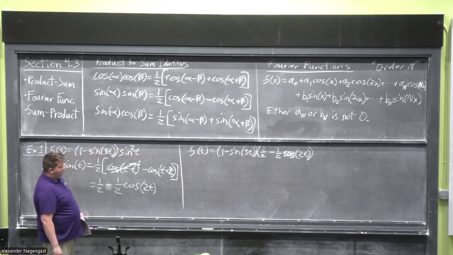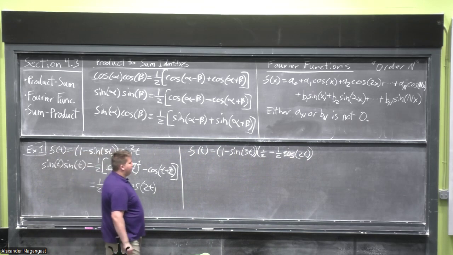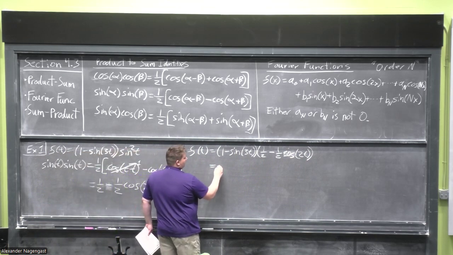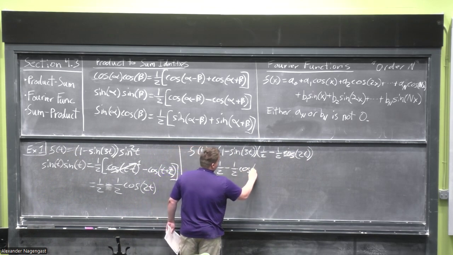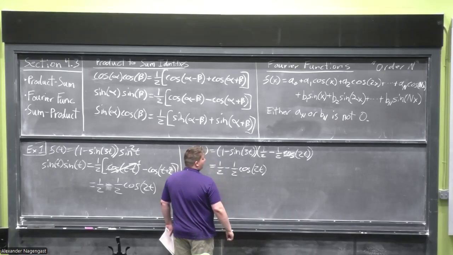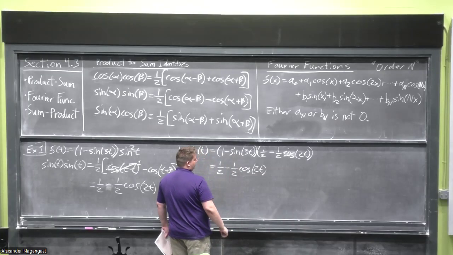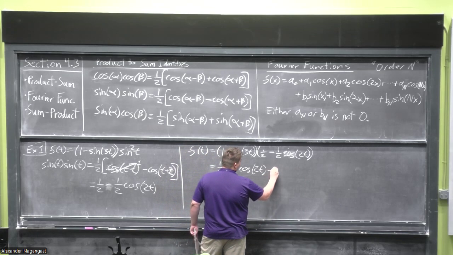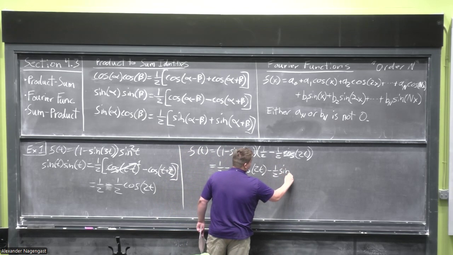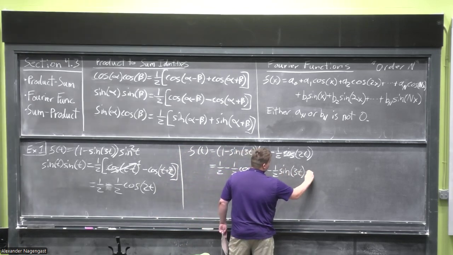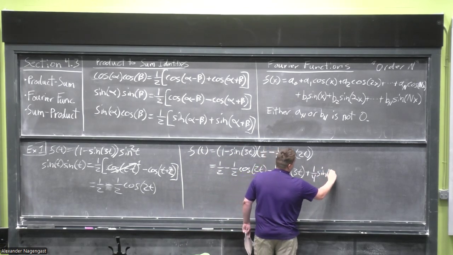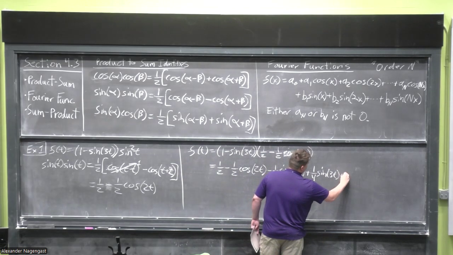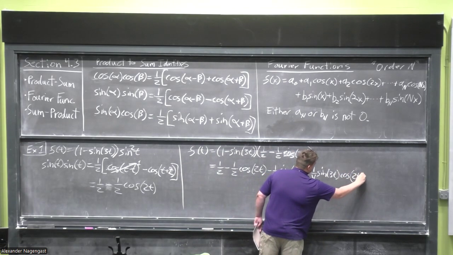So from here, we distribute and we get 1/2 minus 1/2 cosine of 2t. We distribute the negative sign, and we get minus 1/2 sine of 3t plus 1/4 sine of 3t times cosine of 2t.